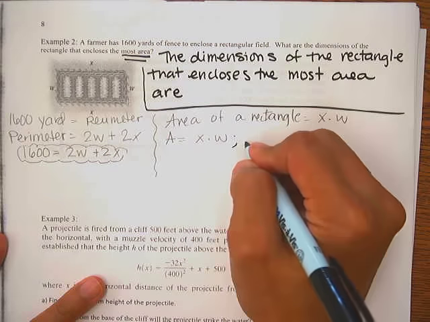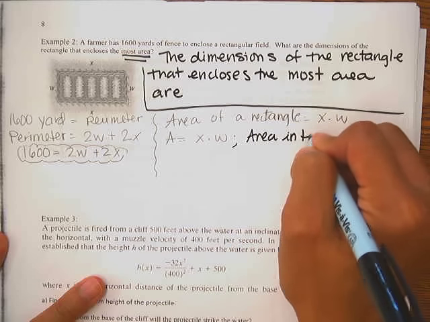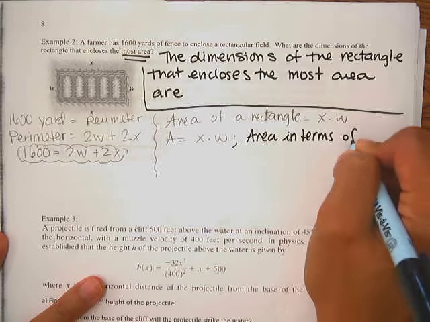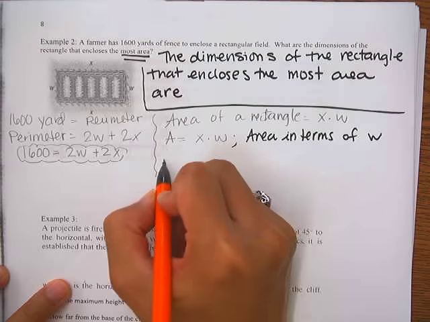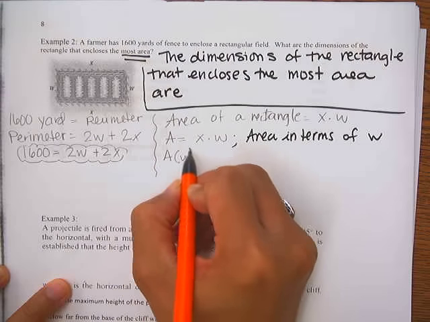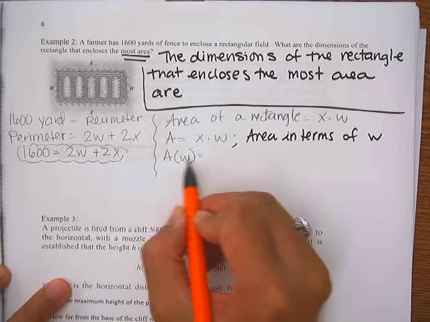Pick one variable. So we're going to write area in terms of, let's say, the width. Okay? So what that means is that you are now going to rewrite this area in terms of width. That means you may only have w as part of your equation.